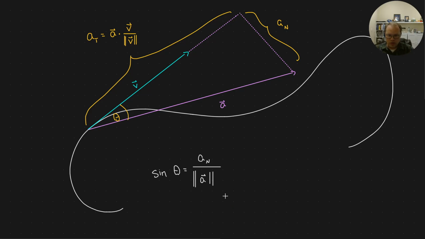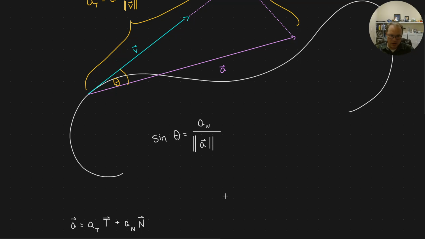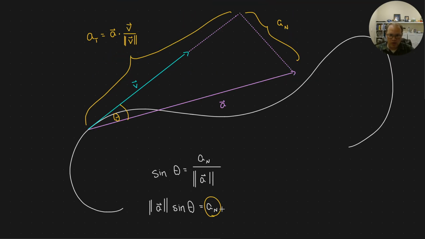So multiply that magnitude over to the other side, and we have the magnitude of the acceleration vector times sine theta equals the component of acceleration in the direction of the normal vector, normal to the curve and orthogonal to the velocity.